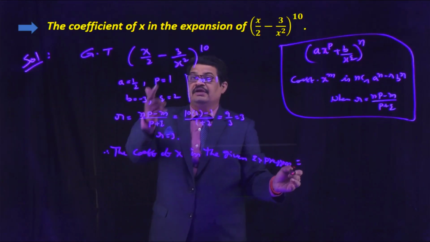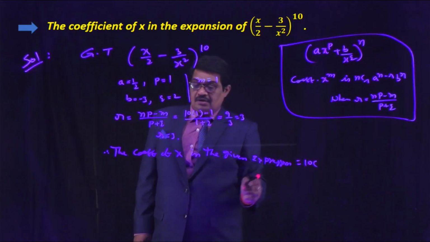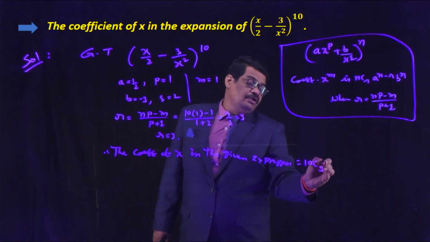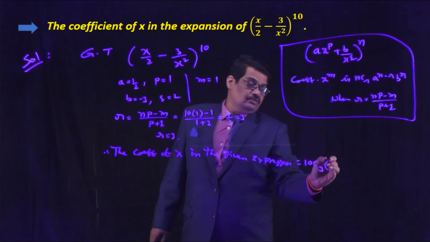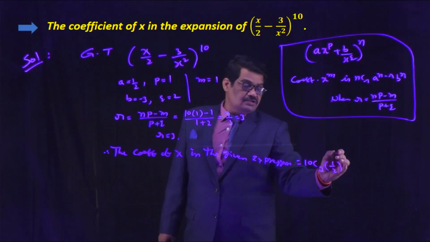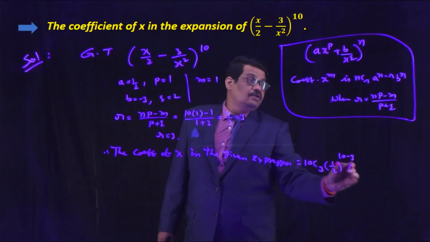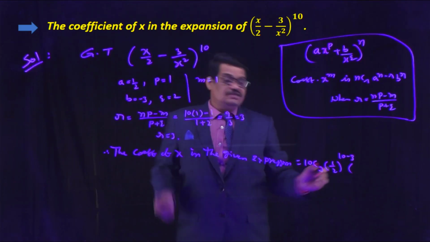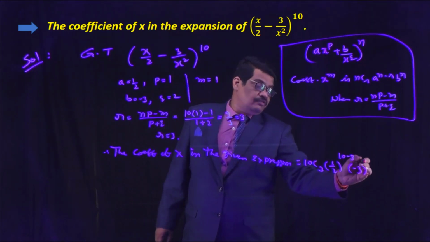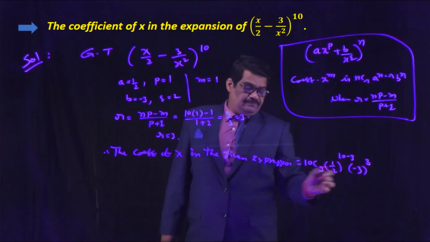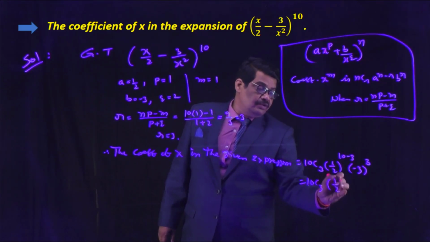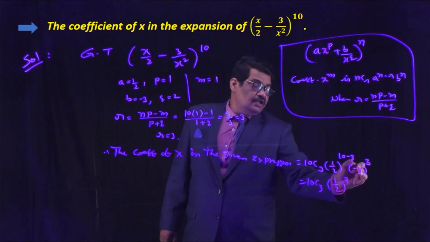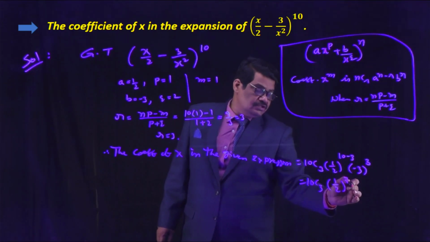What is n here? 10Cr, r is equal to 3, into a to the power of n minus r, where a is 1/2, so 10 minus 3, into b to the power of r, where b is minus 3 and r is 3. That is equal to 10C3 into (1/2) whole power 7, into (-3) whole cube.